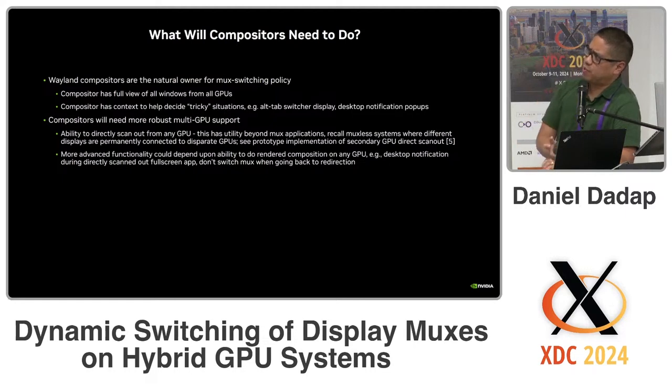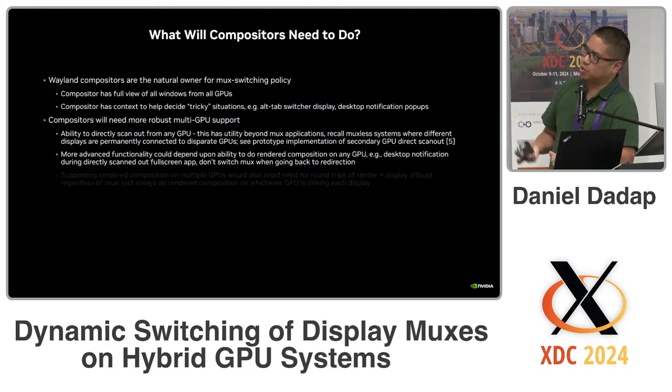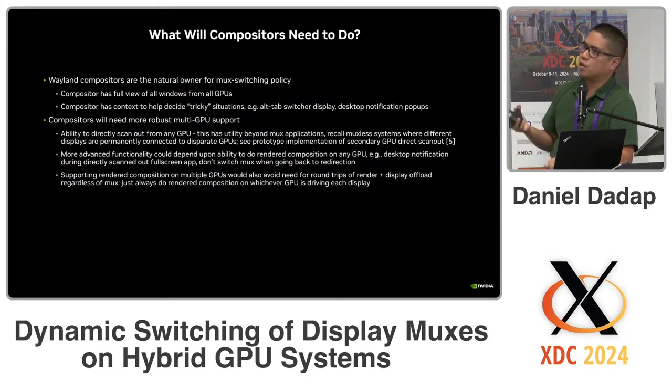Then the next step would pretty much be to do rendered composition on any GPU. And again, with the Alt-Tab and desktop notification stuff, if you can do rendered composition there, on all the GPUs, then you might not need to switch the mux for that sort of thing. This is also useful even if you're not mux switching, because it allows you to avoid that round trip case.